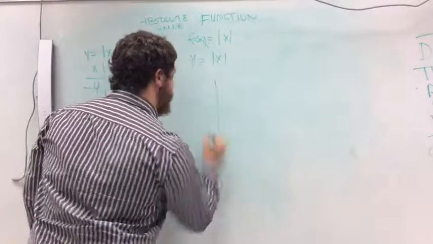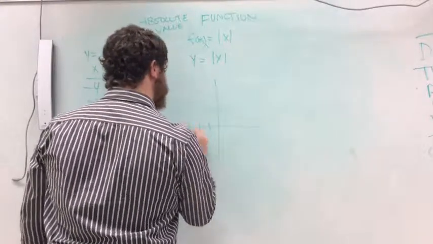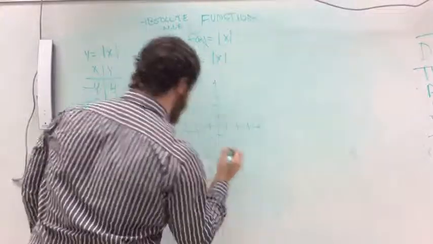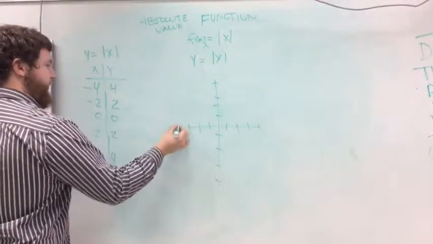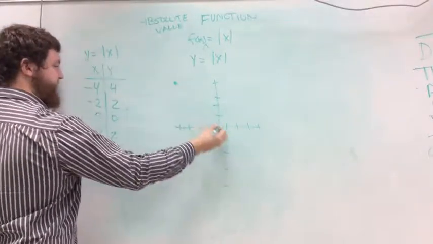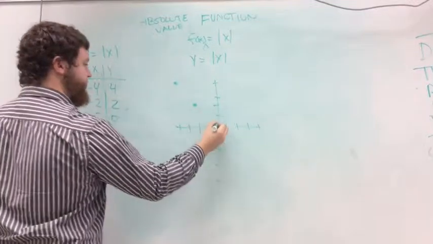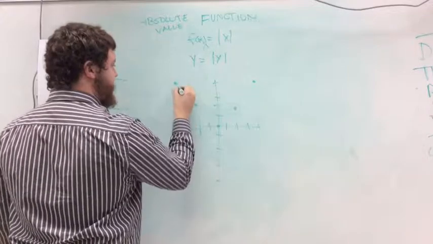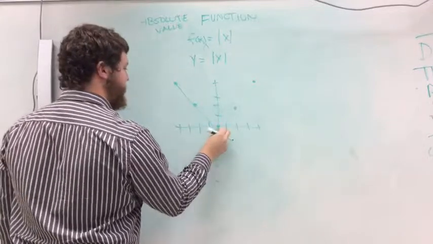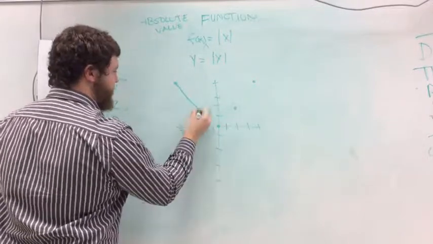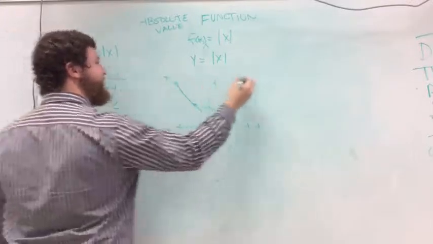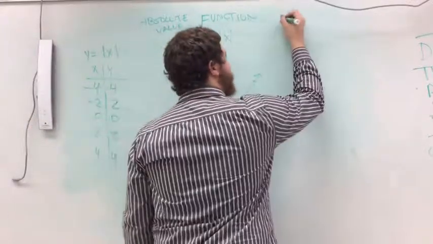So if I graph this bad boy, -4, 4, -2, 2, 0, 0, 2, 2, 4, 4. I get, wow, I can't draw, a V, okay? Now, this has the same rule as your quadratic.